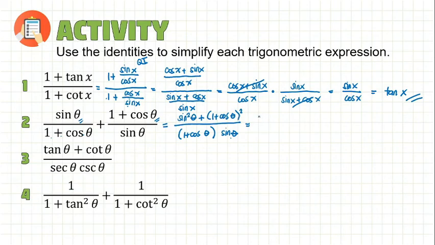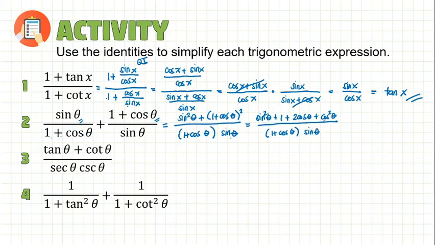So we will have sine squared theta plus, the expansion will be 1 plus 2 cosine theta plus cosine squared theta, right? So you try to expand that one, this is what comes out. All over 1 plus cosine theta times sine theta.